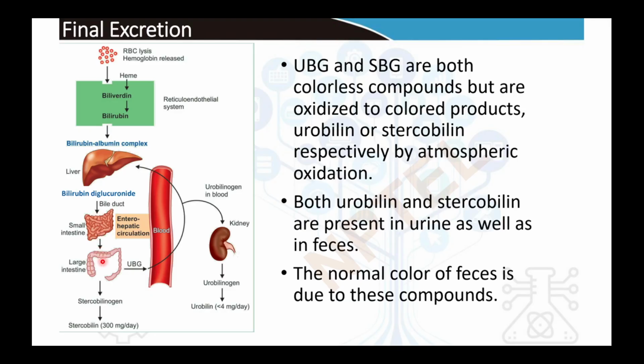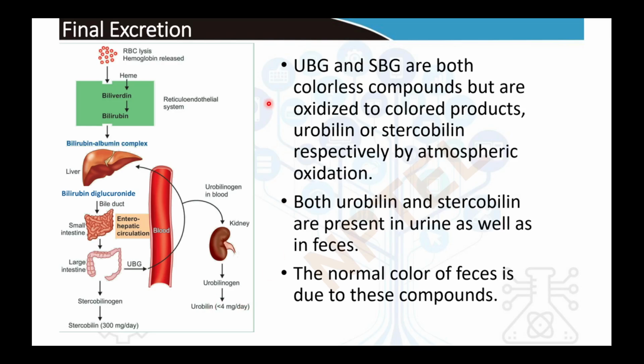From the bile ducts, in the small intestine and large intestine, it gets converted into urobilinogen and stercobilinogen. So urobilinogen gets transported to the kidney, and stercobilinogen is present in the intestine. Stercobilinogen gets converted into stercobilin, and urobilinogen in the kidney gets converted into urobilin. So stercobilin gets excreted in the feces, and urobilin gets excreted in the urine.